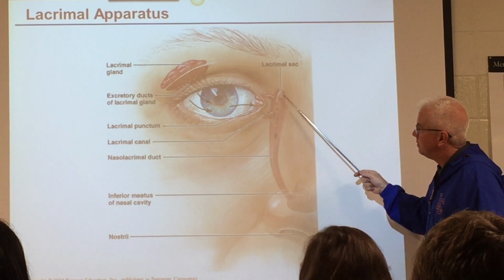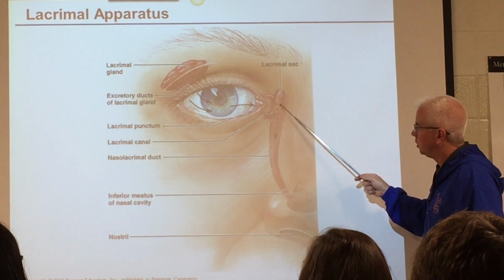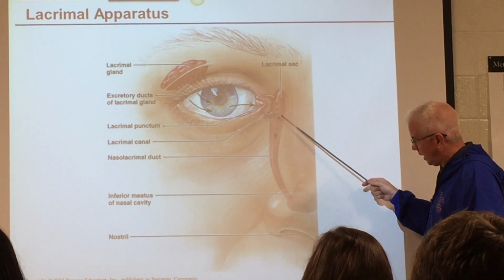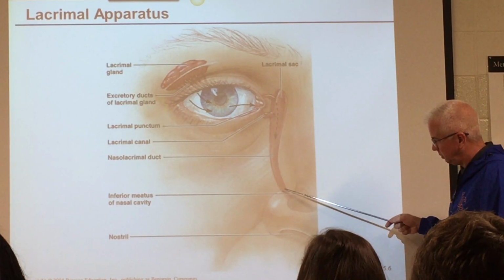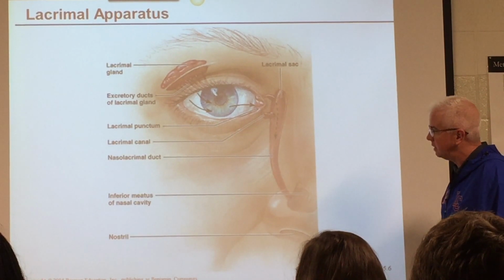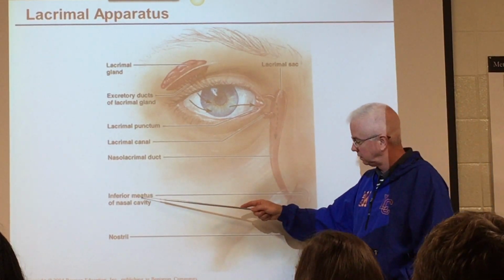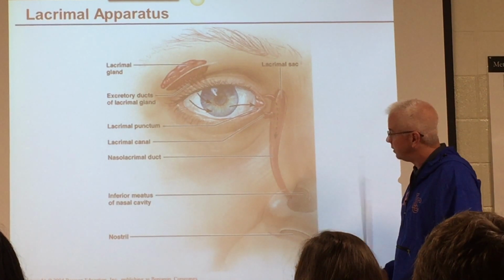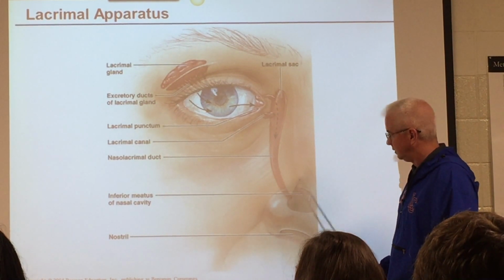They then drain into what's called a lacrimal sac. And then that lacrimal sac empties, as you remember from the fall, near the inferior meatus, near the border of the inferior nasal concha inside the nose.